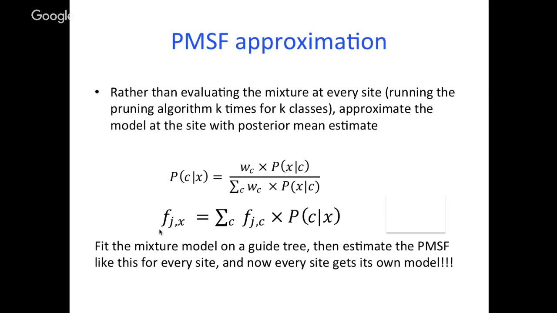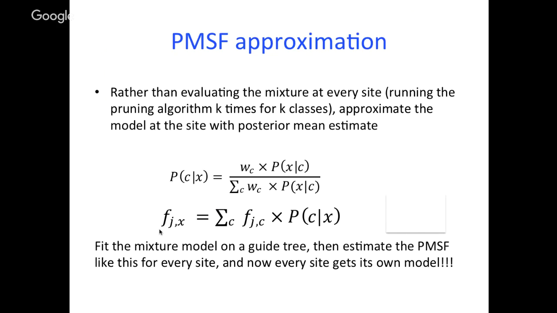And so given that you have a model like this, it seems like the role of the per class models is somewhat different. You could even start with some stupid per class models, and then the fact that you're estimating a correct posterior mean of them per site would sort of make up for that.